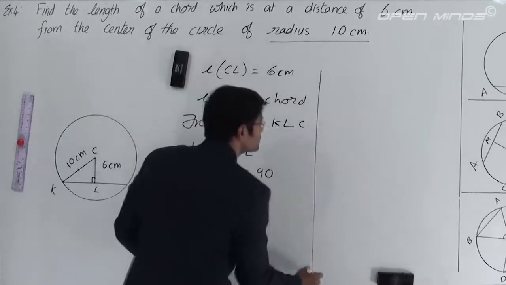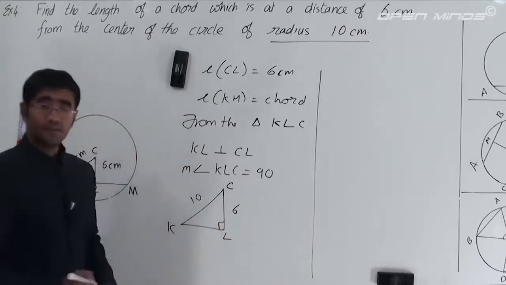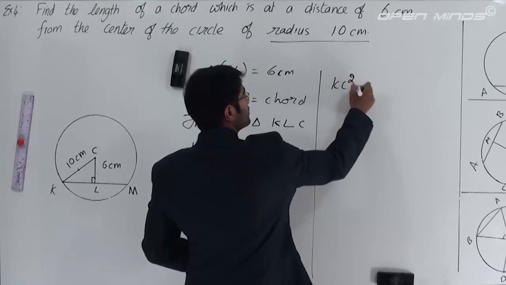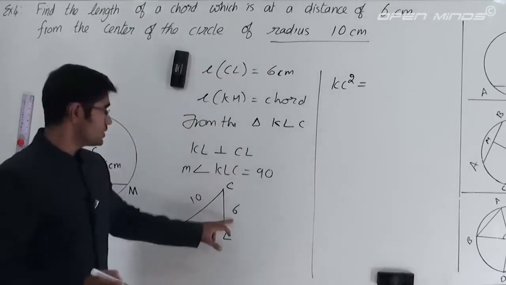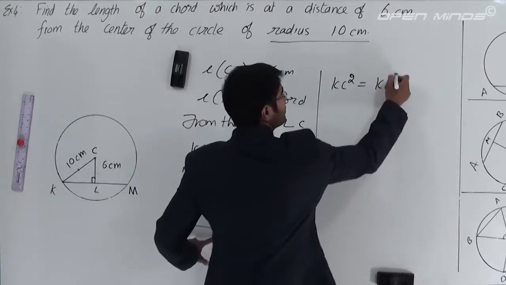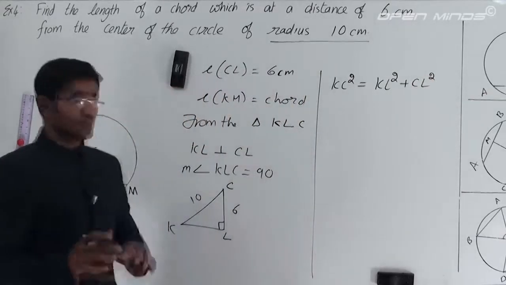Yes. Pythagoras says that if that is a triangle and that is 90 degrees, the hypotenuse squared, that is KC squared, will be equal to the sum of the squares of the other two sides. It means KL squared plus CL squared. So that's what it is. So can I substitute the values here?